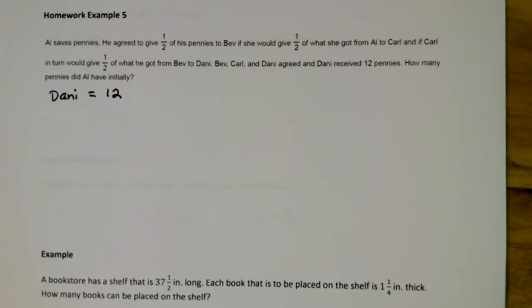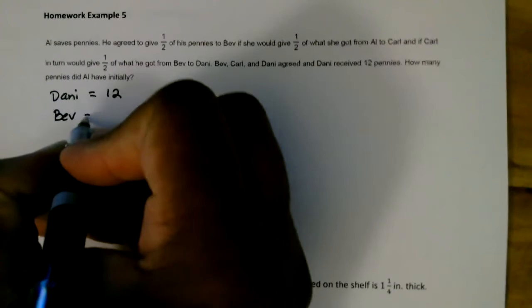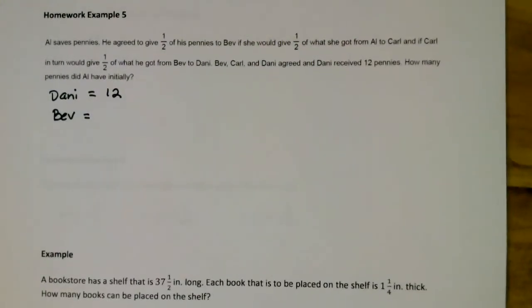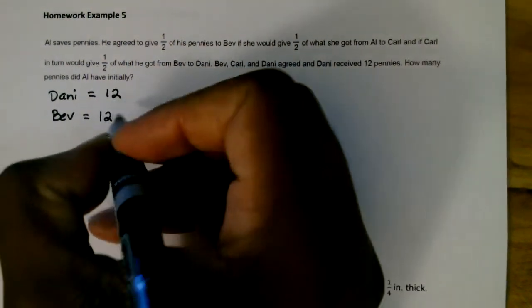Now, Carl gave 1/2 of what he got to Danny. So we need to find out how many pennies Carl had initially. So that means the number of pennies that Danny got is 12.